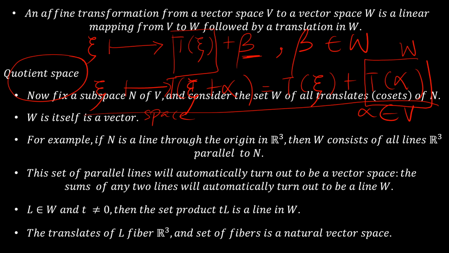So the translates of L create these disjoint sets that would end up making the vector space R^3. And the set of fibers is obviously a natural vector space, the entire set of these lines. Okay.